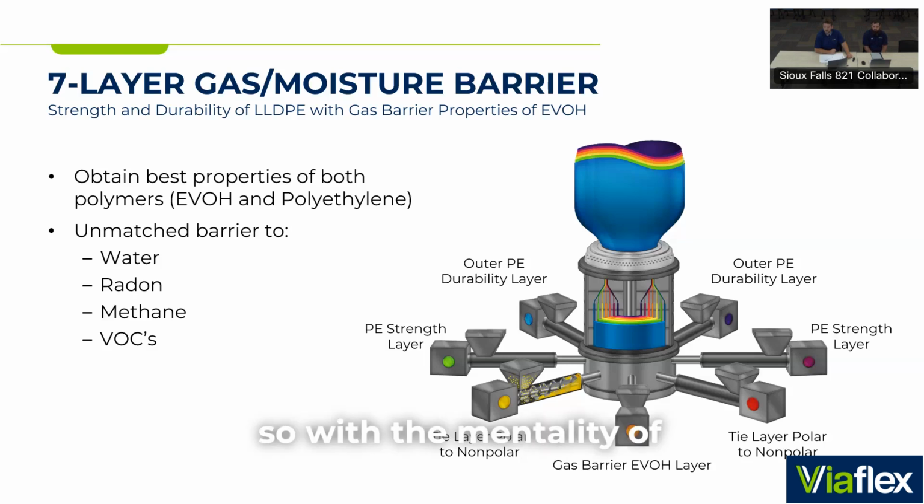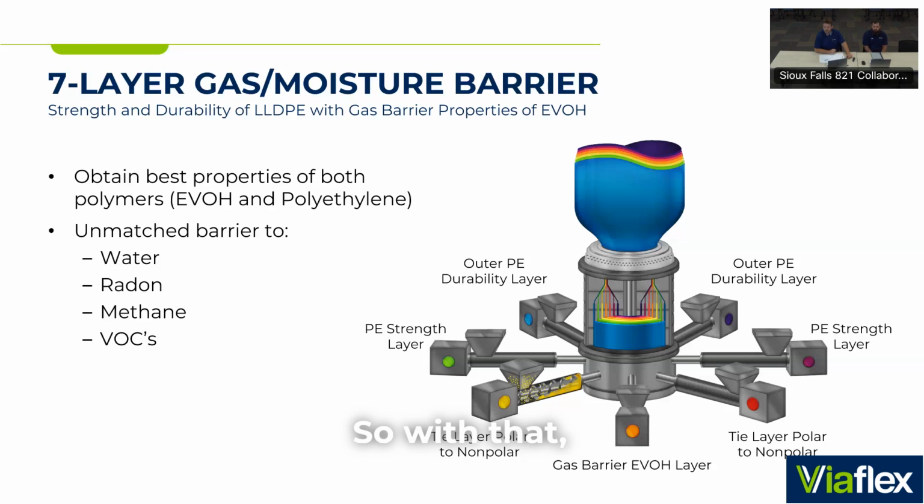With the mentality of thicker is better, this shows that our 20 mil product is almost 300 times more compliant with ASTM E1745 on vapor transmission than an average 60 mil would be without an EVOH tie layer.